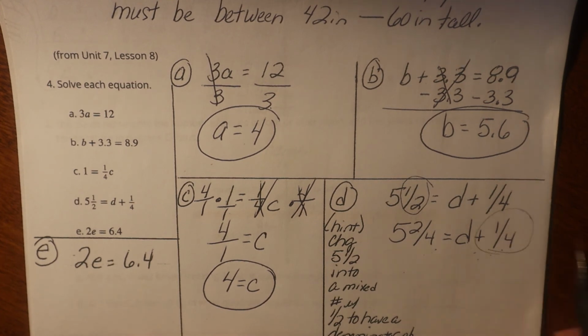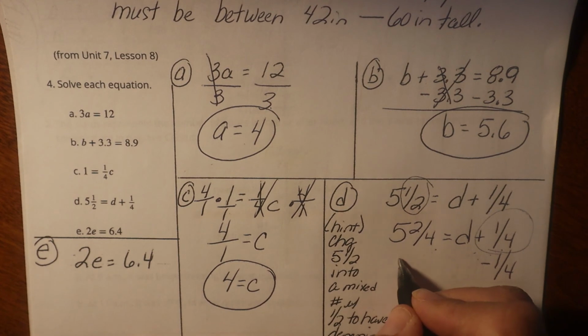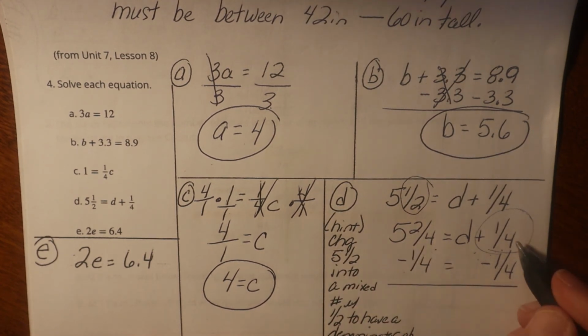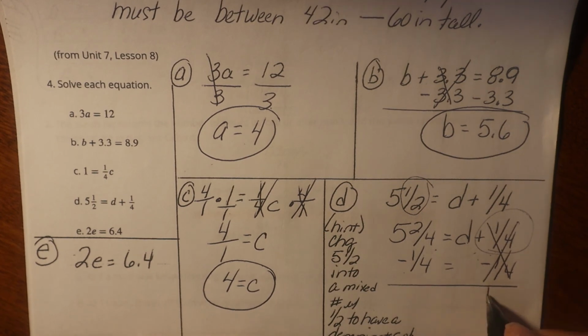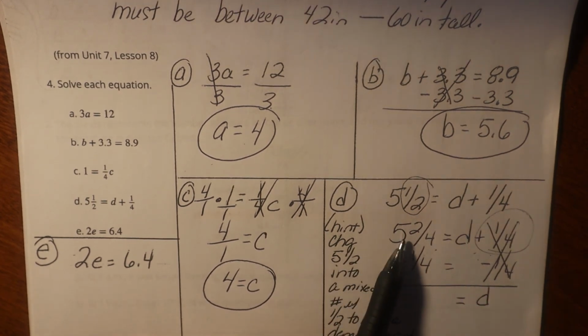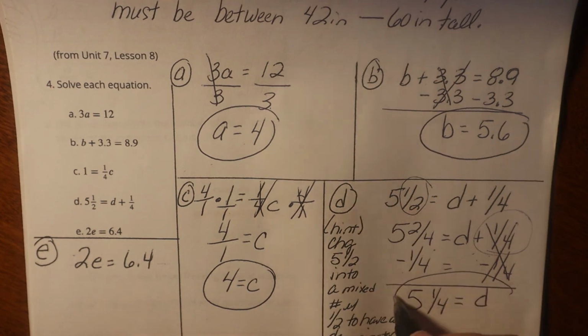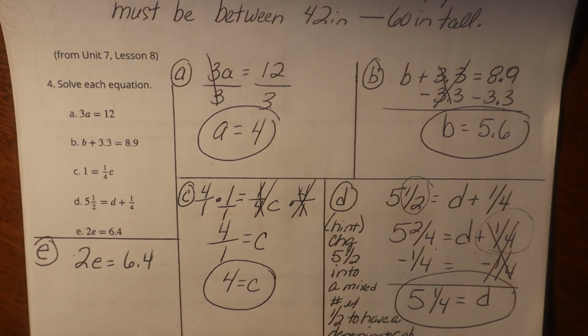I need to get rid of this plus 4, so I'm going to subtract it from the right, and I'm going to then subtract it from the left. This way these cancel out to 0, and I'm left with D equals, well, 2/4 minus 1/4 is 1/4, and I bring down my 5. So D is equal to 5 1/4.